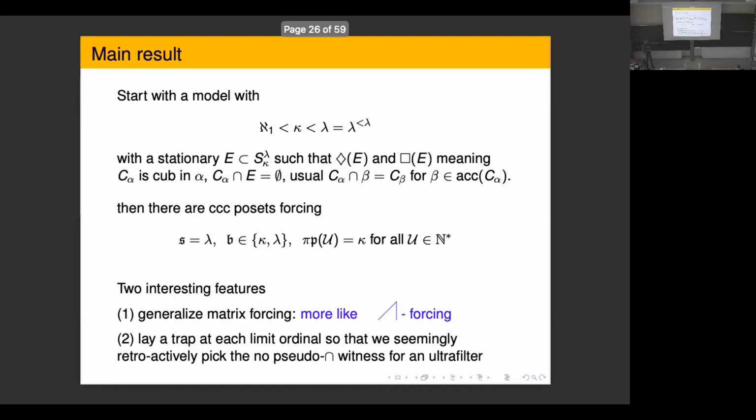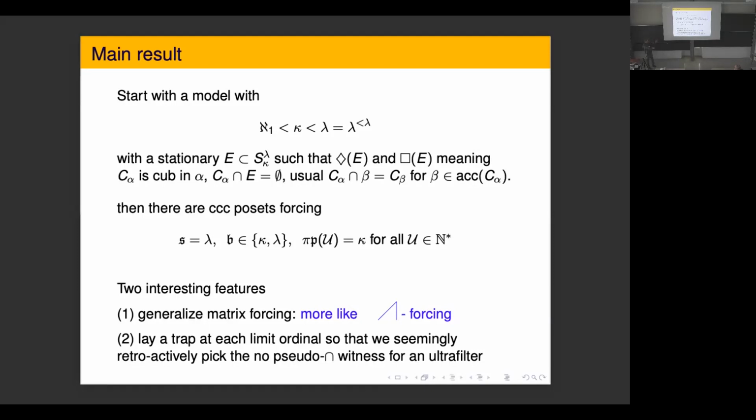And the second was, and I think he also liked this, it's his idea, naturally. We lay a trap at every limit ordinal. For every ultrafilter, we have to pick a kappa-sized subset of that ultrafilter and say, there's the kappa-sized set that we're not going to allow a pseudo-intersection for. So we're laying a trap at every limit ordinal.